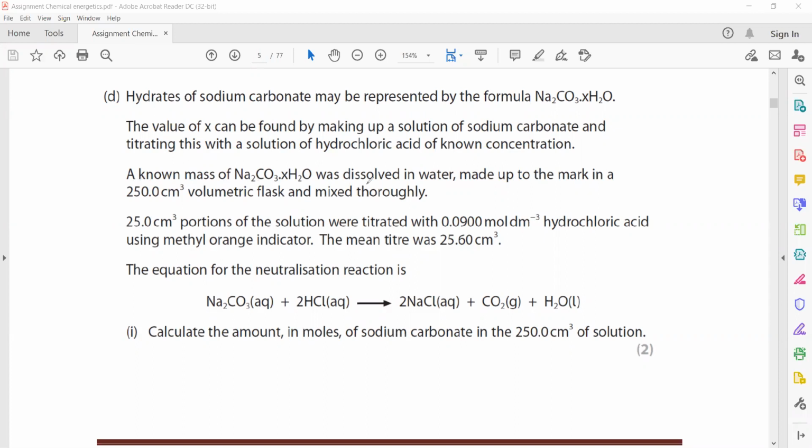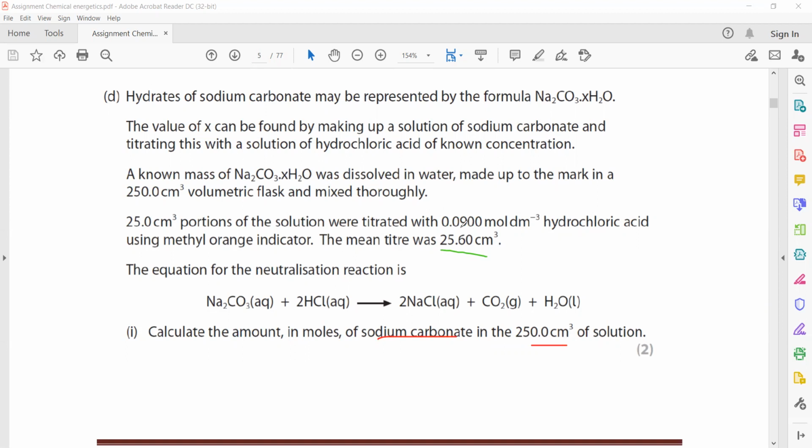A known mass of sodium carbonate was dissolved in water and made up to a mark of 250 cm3, and a 25 cm3 portion was titrated with 0.09 mole per dm3 hydrochloric acid using methyl orange as an indicator. The mean titre was 25.6. The equation for neutralization of sodium carbonate with hydrochloric acid is given. Calculate the amount in moles of sodium carbonate in 25 cm3.